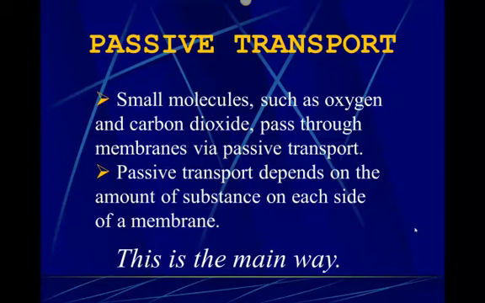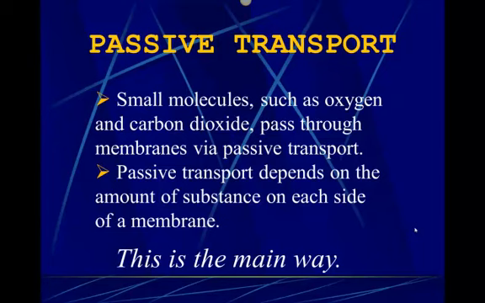And that's going on all day long, in and out through our cells. And if we had to expend energy every time something moved across that membrane, I don't think you could eat enough to keep up with the energy needs that all these cells would have. So small molecules such as oxygen and carbon dioxide pass through the membrane via passive transport. No problem. Small, they can move through easily.